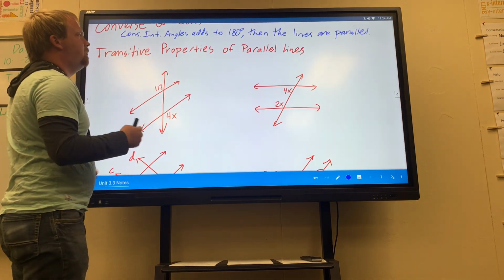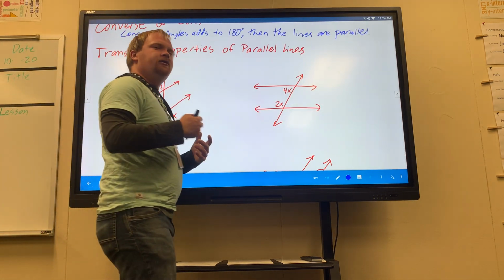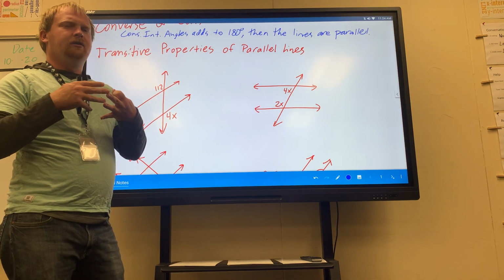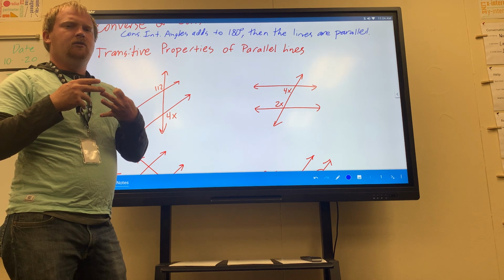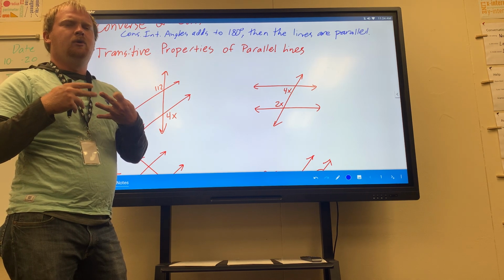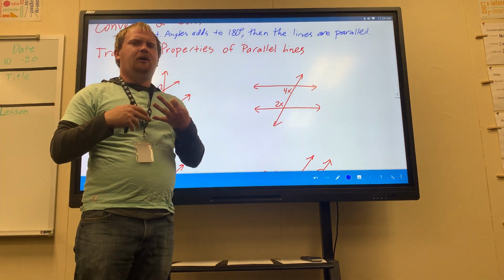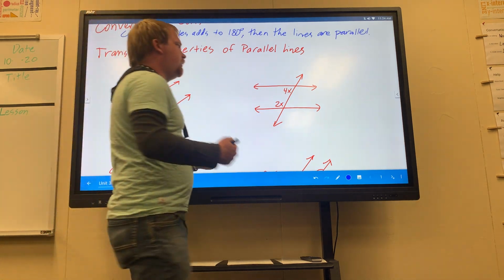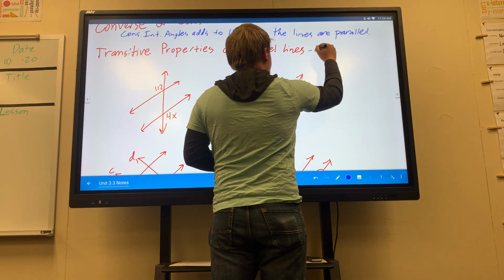Now, the transitive property of parallel lines is simply saying that if we have three different lines, and the pairs are parallel to each other, then they're all going to be parallel to each other. So let me simply write it out.